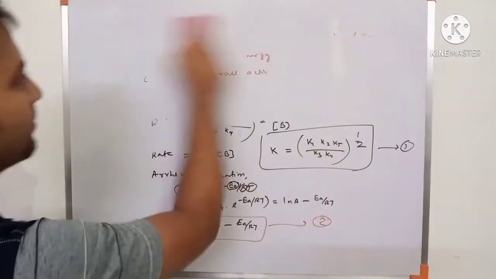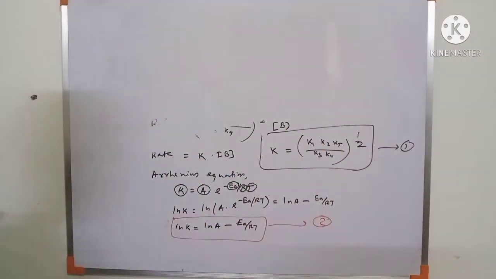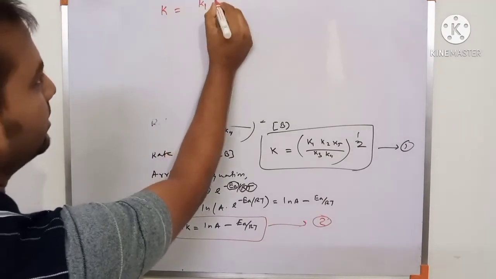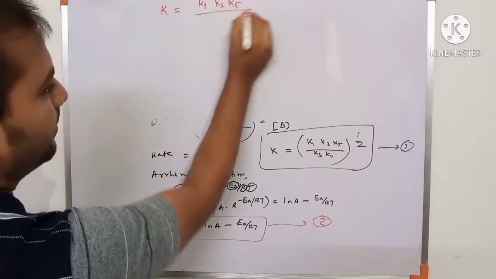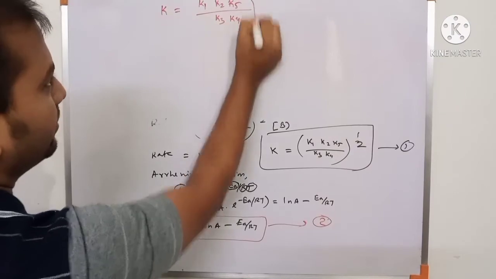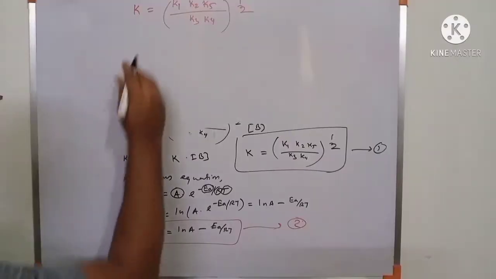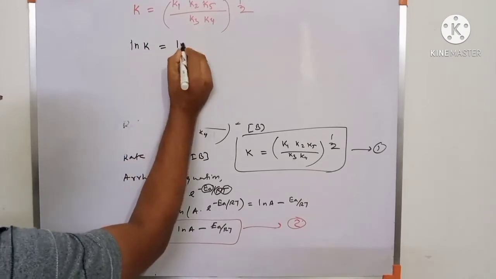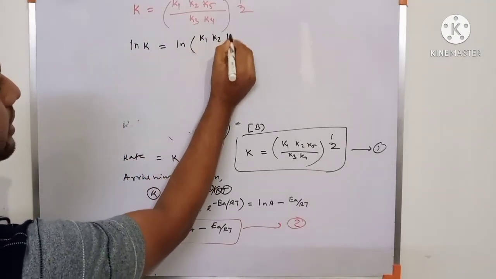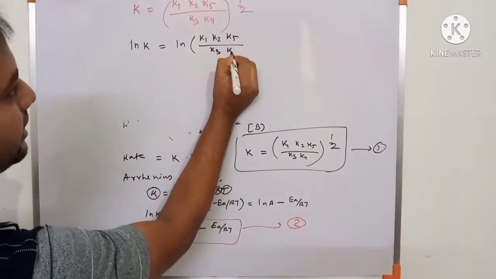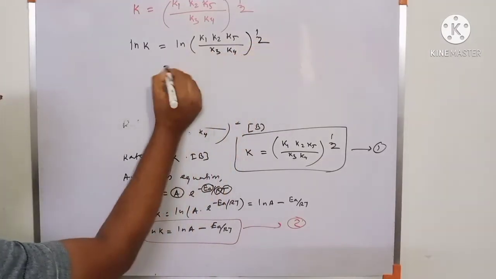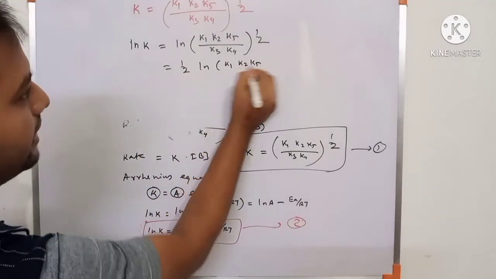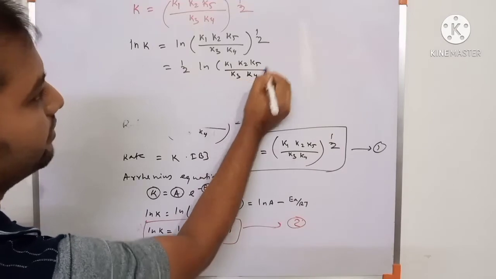Now equation number 1: K equal to K1, K2, K5 by K3, K4, whole to the power half. Taking ln on both sides, ln K equal to half ln of K1, K2, K5 by K3, K4.